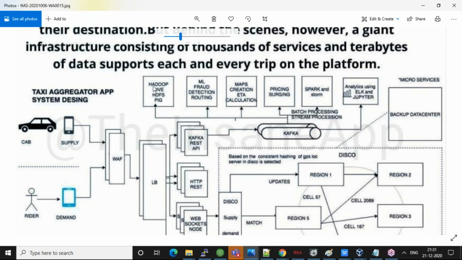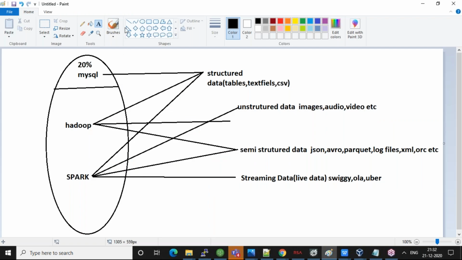See here, Hadoop, Hive, HDFS, Pig, all are related to your Hadoop components only. Is it clear, guys? And the next one, by using Spark you can process machine learning also.